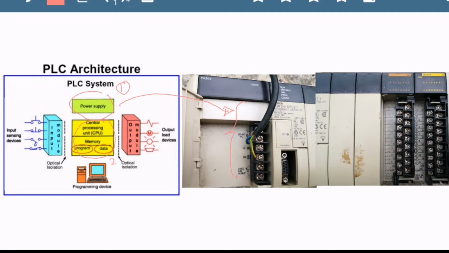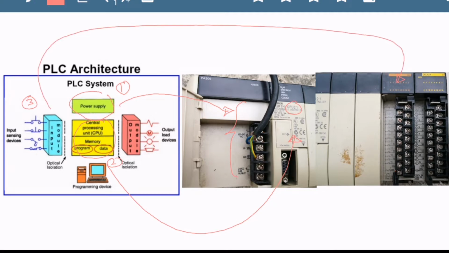Number two, the CPU. It is inside here. This is the CPU. Next will be the input module. Number three, the input module. So where is the input module?